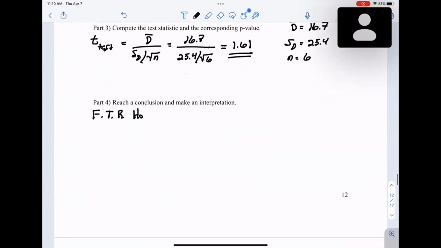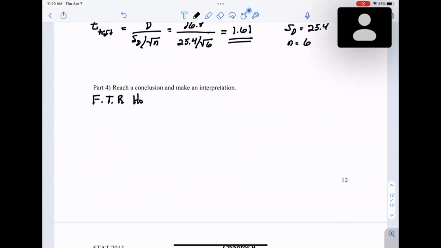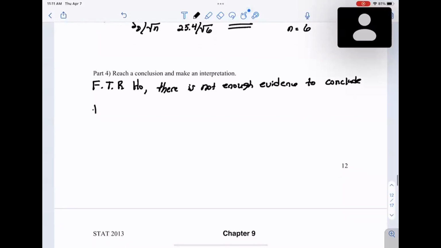So you fail to reject the null hypothesis, and the interpretation is there is not enough evidence to conclude the cholesterol level change. That is it.